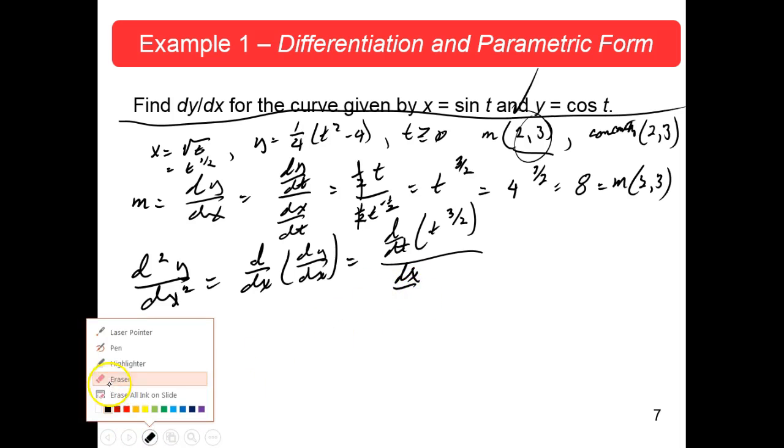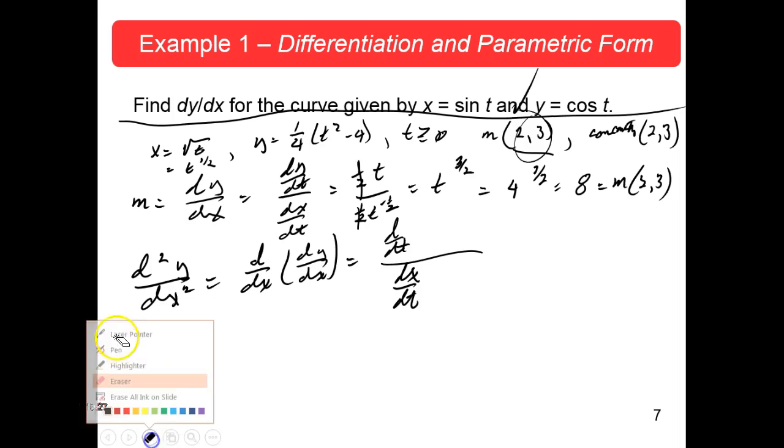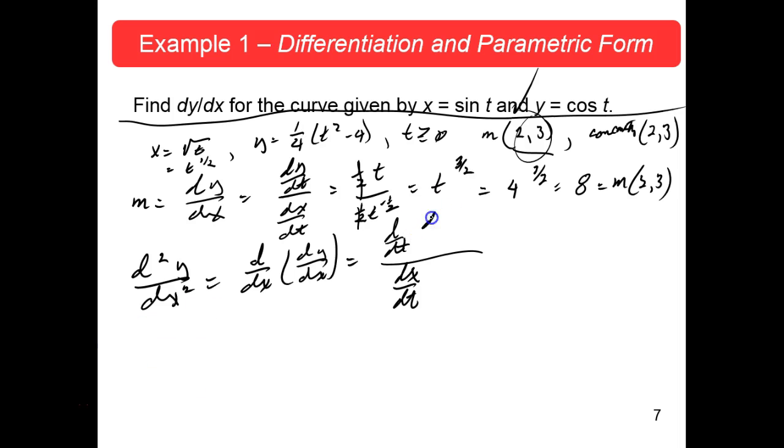Okay. I'm going to back up just a little bit, and let me not do this that quickly. I know you said it, but let's just go on and write this as d by dx of dy dx.